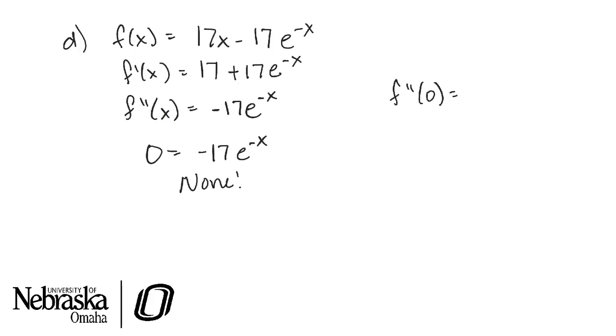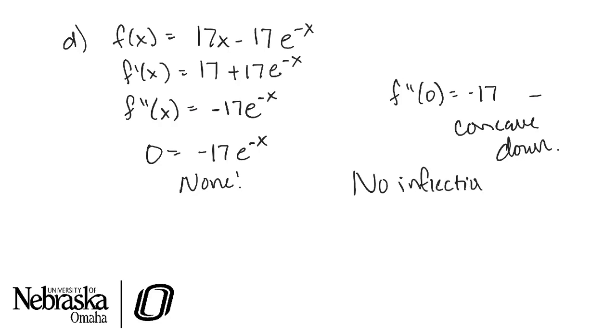Like I pick 0, something easy. If x is 0, e to the 0 power is 1. So we would get negative 17, which is negative, which means the whole graph is concave down. So no inflection point. And the graph is concave down from negative infinity to infinity.